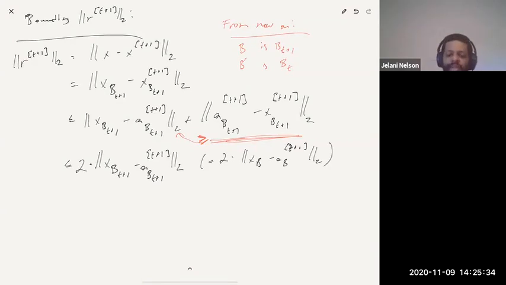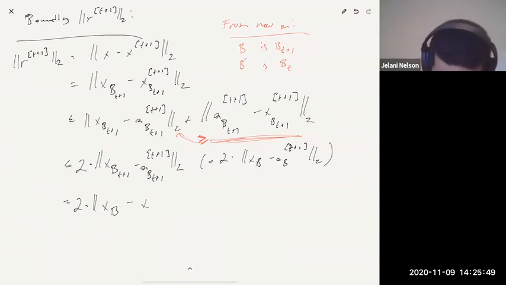So let's expand out what a actually means. This is equal to 2 times x_B minus x_t restricted to B, minus pi transpose B times (y minus pi x_t).